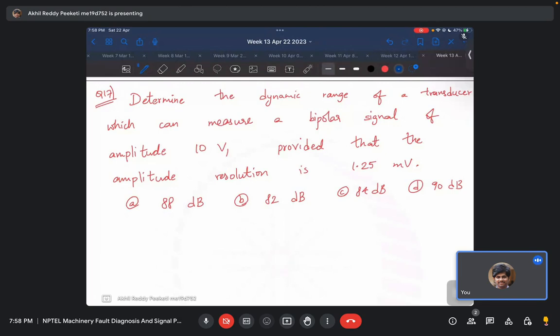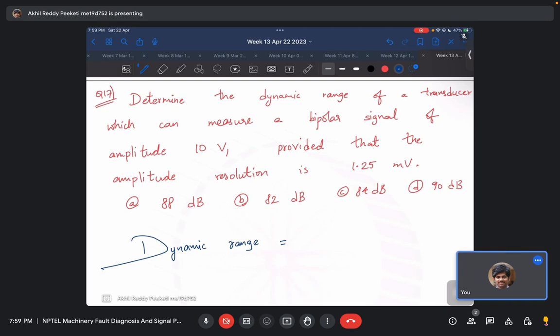So if you have a resolution of only 1.25 millivolts but a total range of 10 volts, what would be the dynamic range?